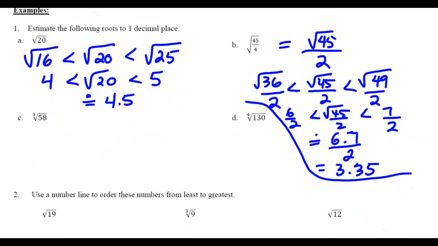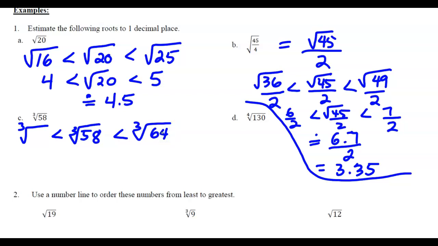Okay, so now what do we do for cubed roots? We have to look at the next column in that chart for perfect cubes. And so here, cubed root of 58. Okay, so in the perfect cubes, 64 is the next largest perfect cube that's greater than 58.